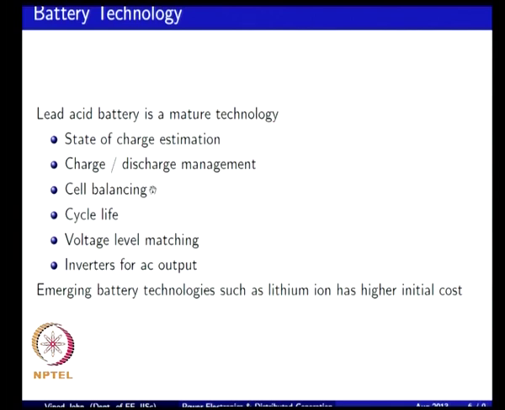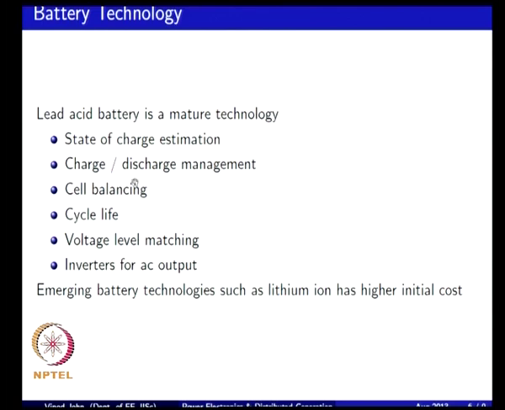In a typical application, you might not have single cells, but a bank of batteries, and cell balancing becomes an important issue, because you do not want to be constrained by the weakest cell in the overall bank. You want to make the maximum use of your cells in the bank, so cell balancing becomes an important issue.